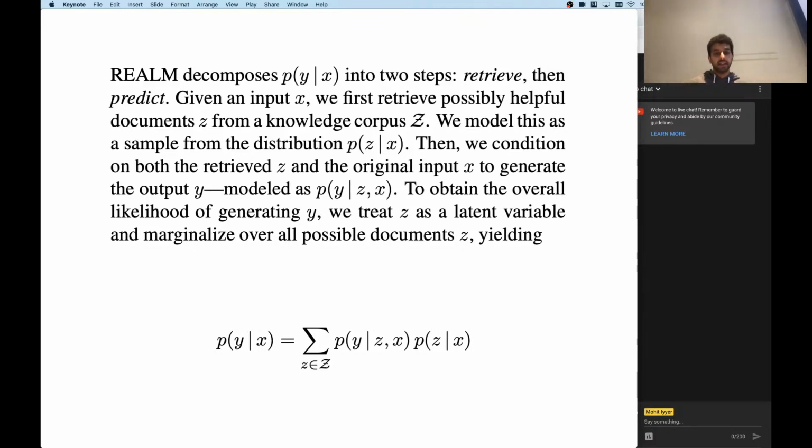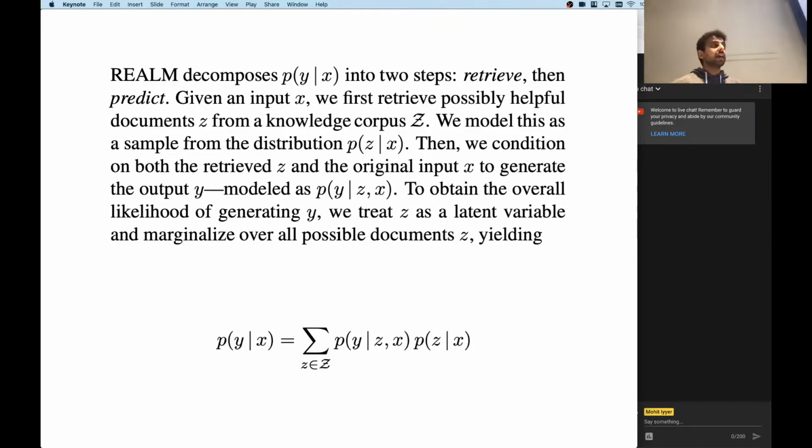That's what you would want. However, we can't do this simply because this big Z here, the set of all documents, is extremely large. You can imagine for a single mask token, if I put in 5 million paragraphs from Wikipedia, concatenate each one to the context, and then do this prediction, it's going to take forever. There's no way I can do this.